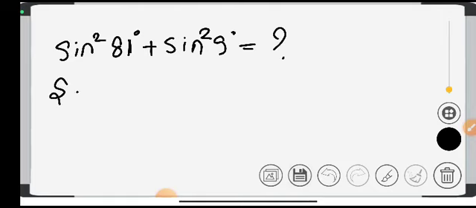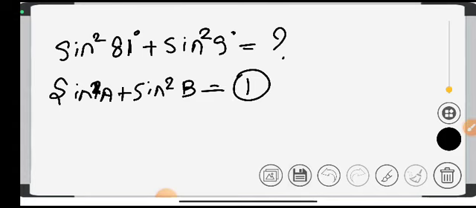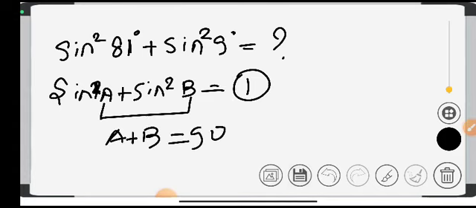We have studied that sine square A plus sine square B is equal to 1 if both the angles sum will be 90 degree. 81 plus 9 is 90 degree. So the resultant will be 1. Understand? Questions will be asked simply in this manner. In this formula there will be a simple question. So you don't worry, you don't have to panic.